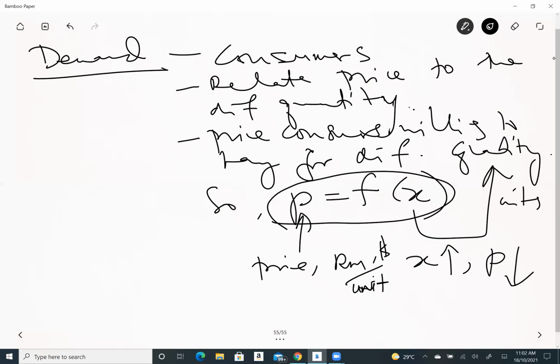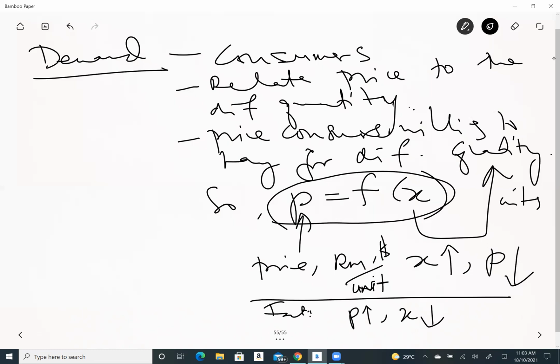Sometimes the demand function can work either way. Sometimes when the price of a good is too high, what about the demand? Are you willing to buy that good? No. So X decreases.